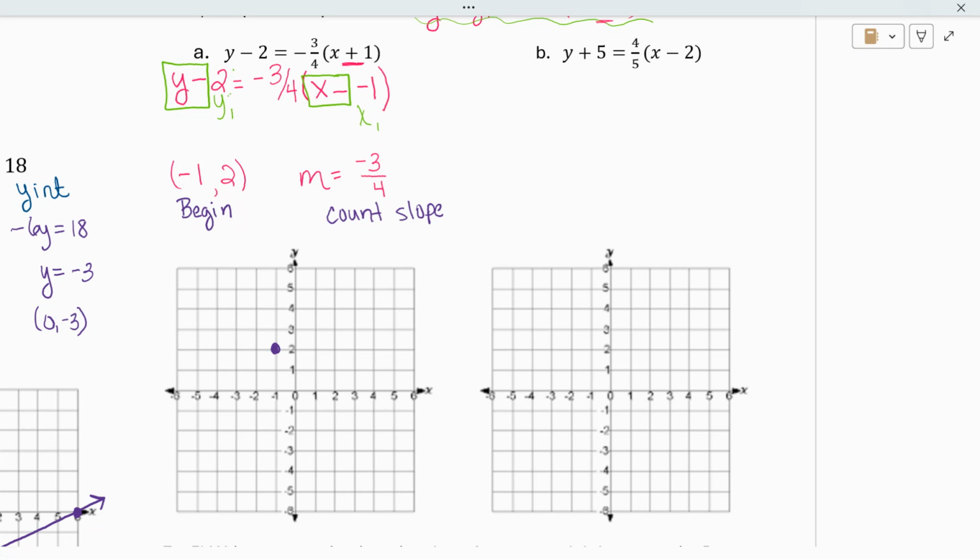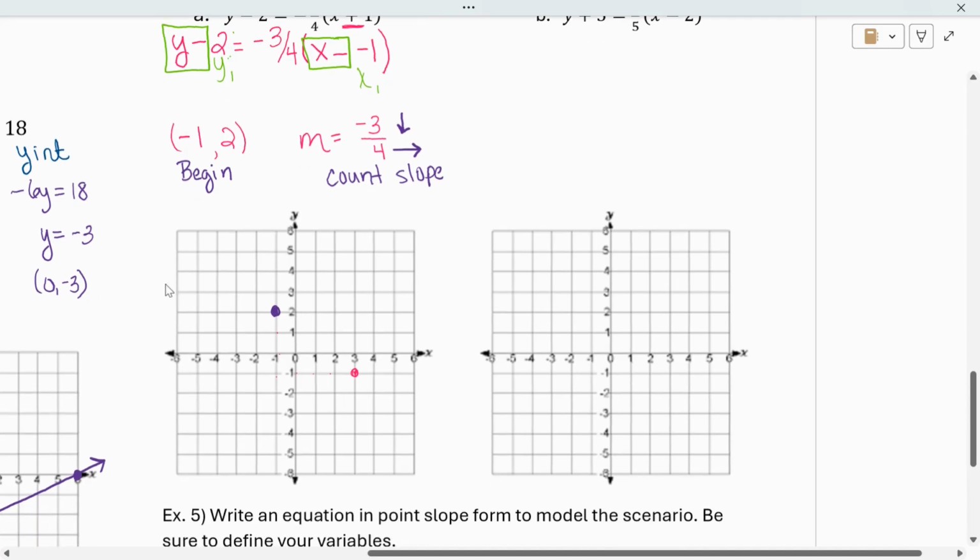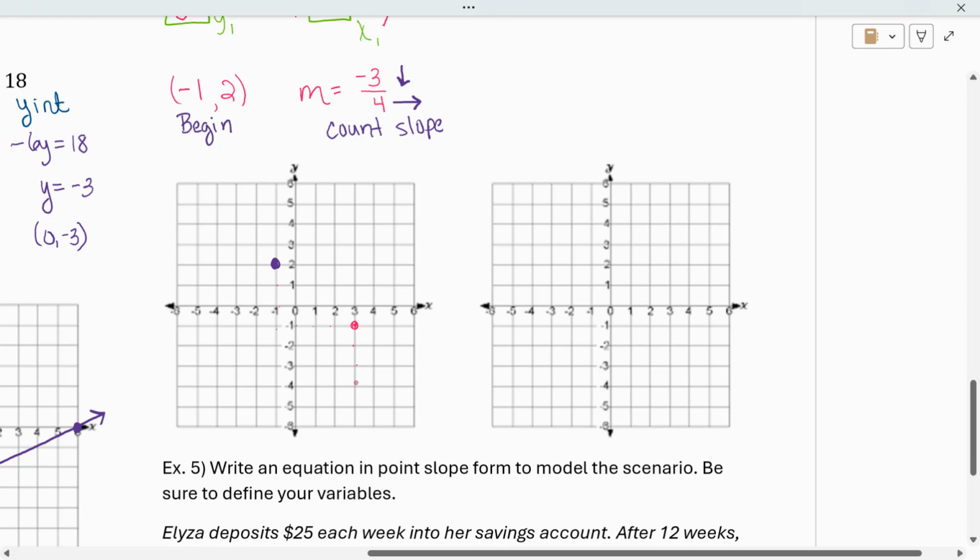And then we count a slope of -3/4, which means that I go down 3 and to the right 4. Down 1, 2, 3, to the right 1, 2, 3, 4. I can try that one more time. Down 1, 2, 3, to the right 1, 2, 3, 4.